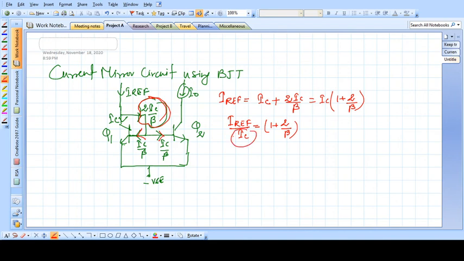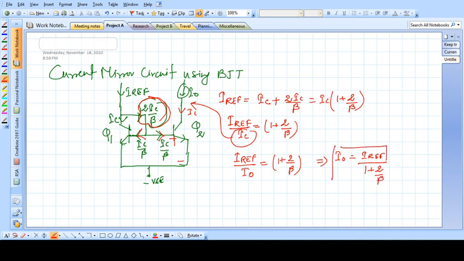This IC is nothing but I naught, because the base emitter voltage will be constant, so this should be simply IC. So in more general we can say I naught equals I ref by (1 plus 2 by beta).